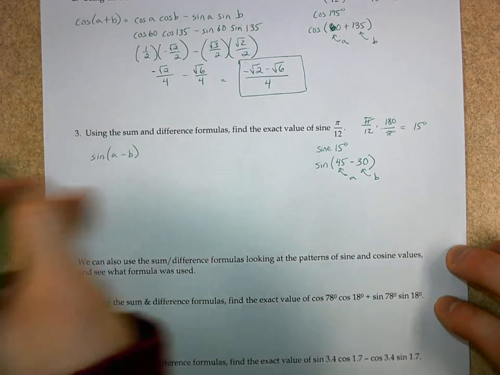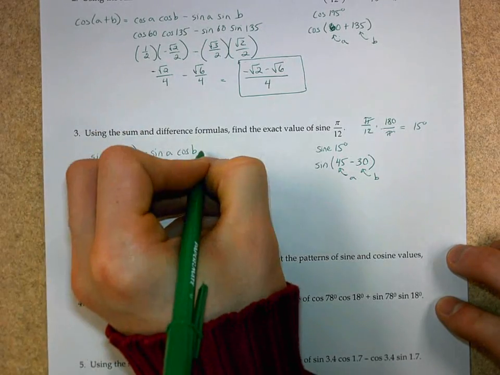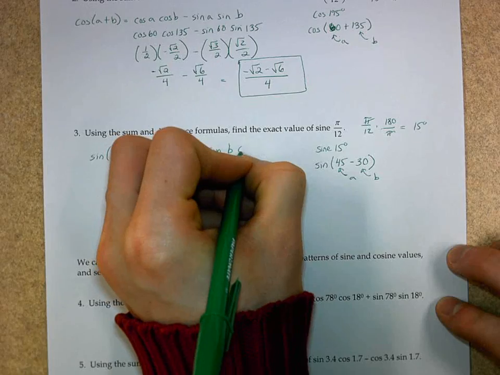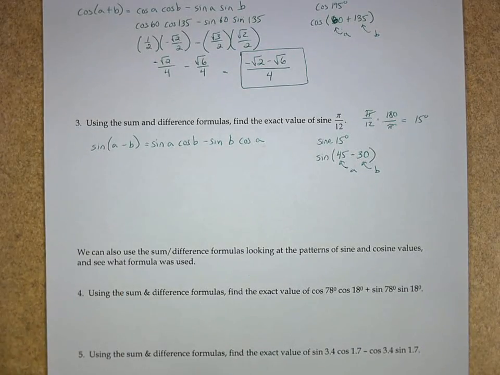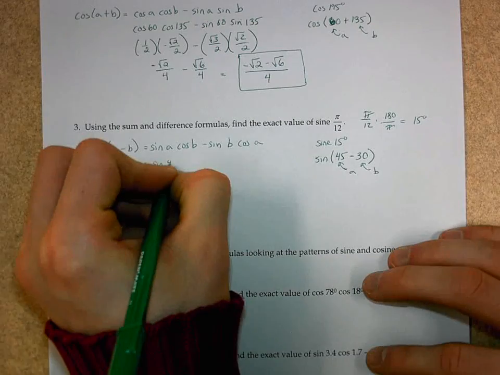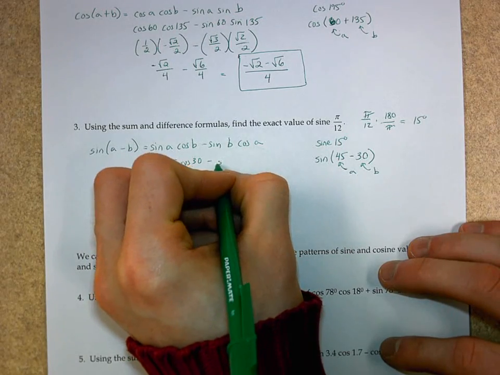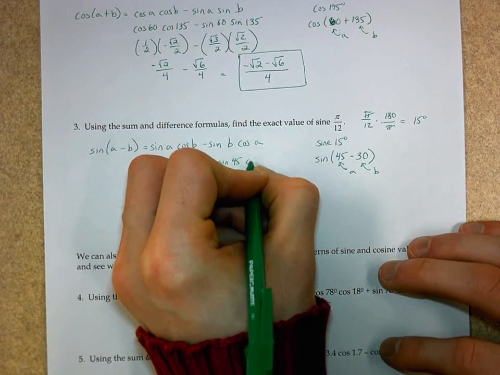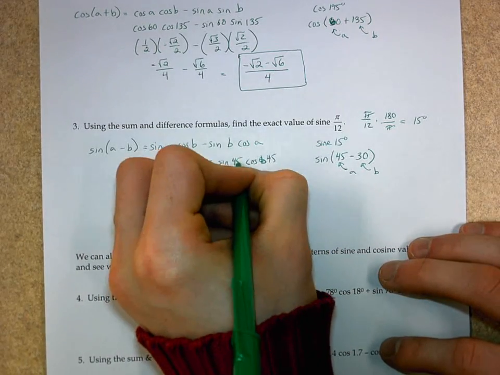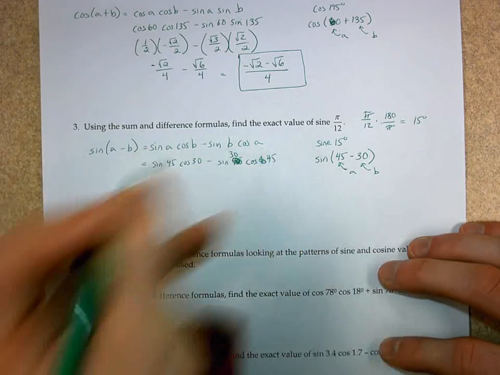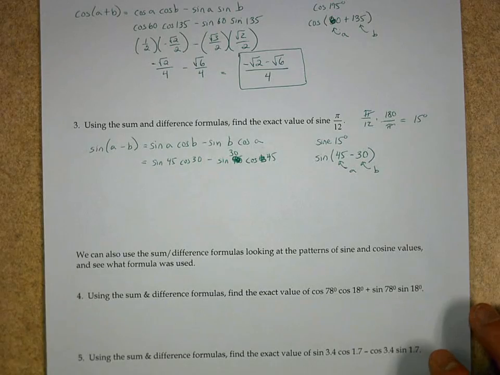Sine of A minus B is equal to the sine of A cosine of B minus sine of B cosine of A. So we've got the sine of 45 cosine of 30 minus the sine of 30 cosine of 45.